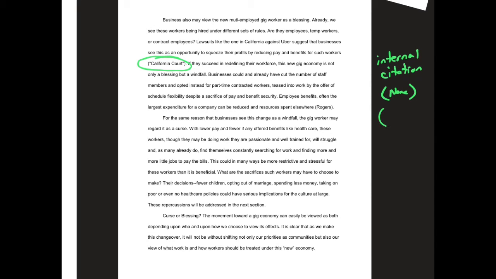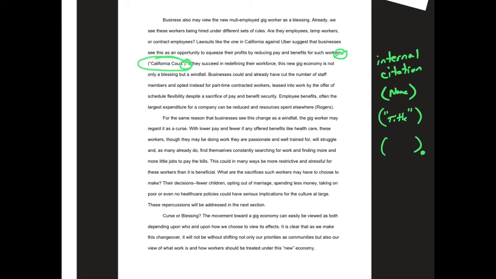If I do not have the author's name, then I will pick the first couple of keywords of the title, okay? And then at the end of my sentence, I will put that parenthetical, but it will be the final part of my sentence. So my period, which normally would go at the end of the sentence here, instead I'm going to put at the end of the sentence after the citation.